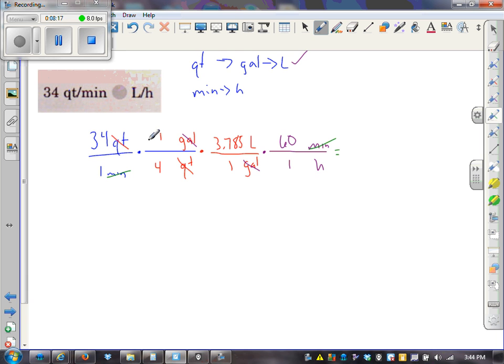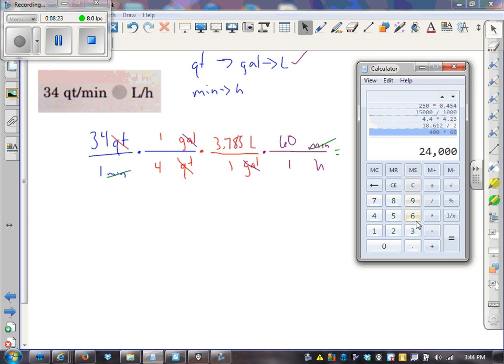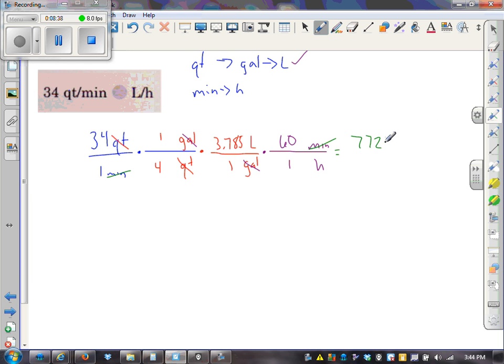So we'll multiply across the top, multiply across the bottom. I have 34 times 1 times 3.785 times 60. 7,721.4. What's left on top?